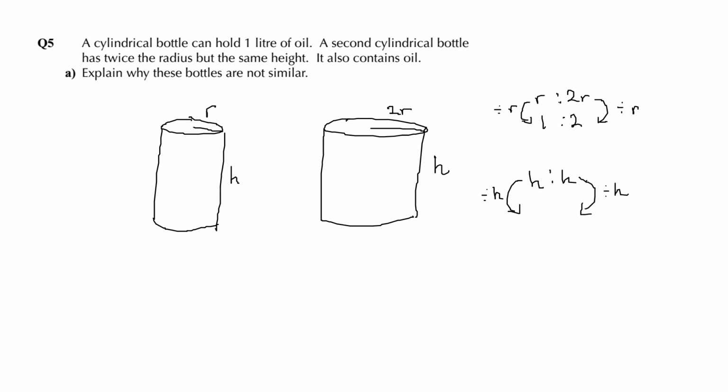That's going to give me a ratio of 1 to 1. Now you must remember that the height and the radius are both lengths within this three-dimensional shape. So because the corresponding side lengths are not in the same ratio, then these two bottles are not similar.